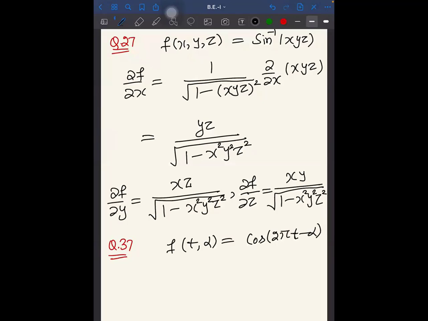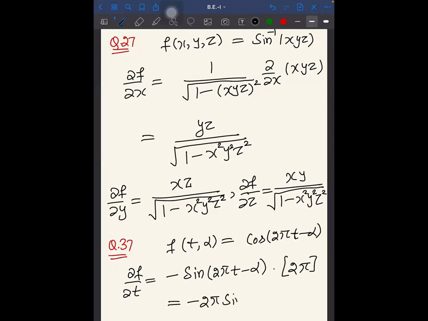This is a function in terms of t and α, and let's say we want to determine ∂f/∂t. Our idea will be the same. So that is minus sin(2πt − α) into the differentiation of this quantity, right? Since α is constant, you will differentiate only with respect to t. So we are left with 2π only, right?